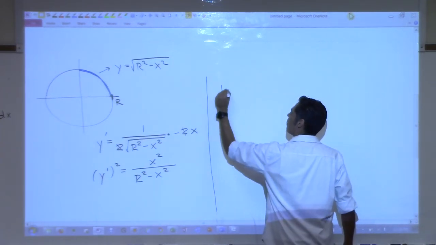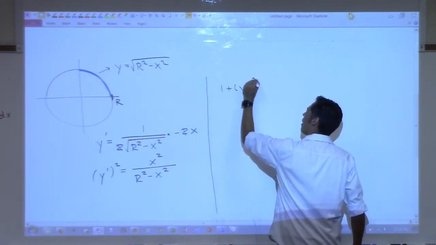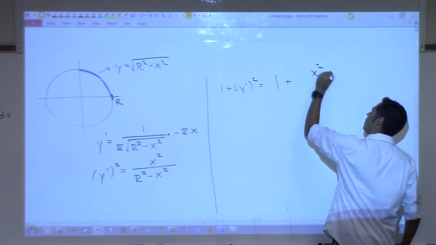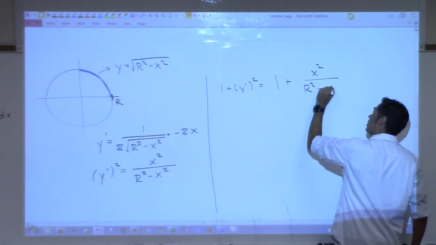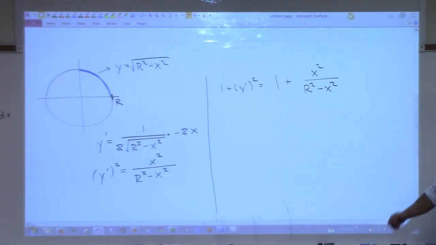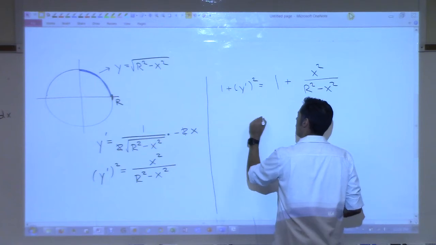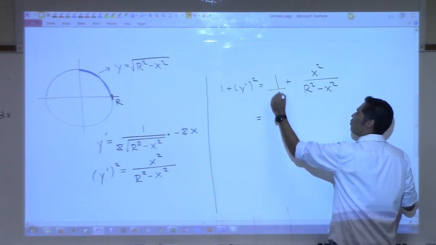Okay, so now 1 plus that derivative squared should be 1 plus x squared over capital R squared minus x squared. What do you think I'm about to do here? I'm going to put them together because I'm going to do a square root, right? So I'm going to get a common denominator. So when I get a common denominator, that's 1 over 1, right?